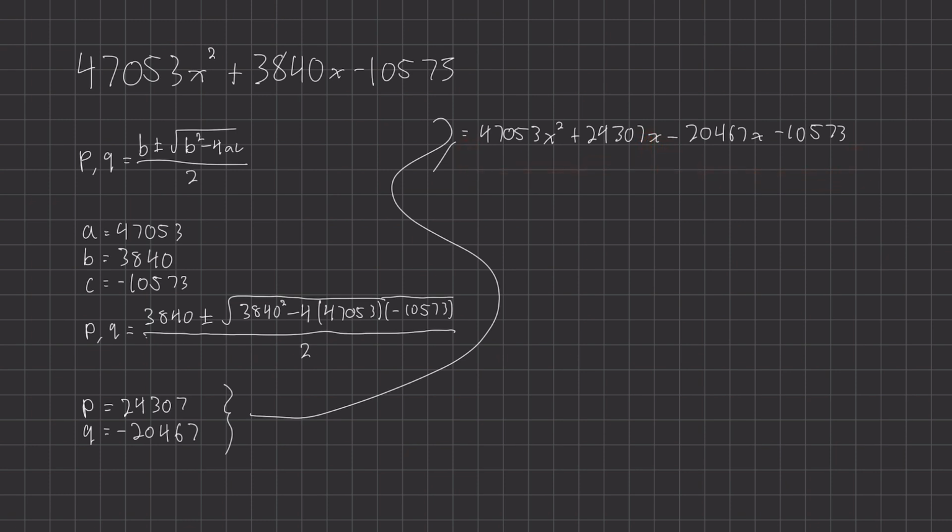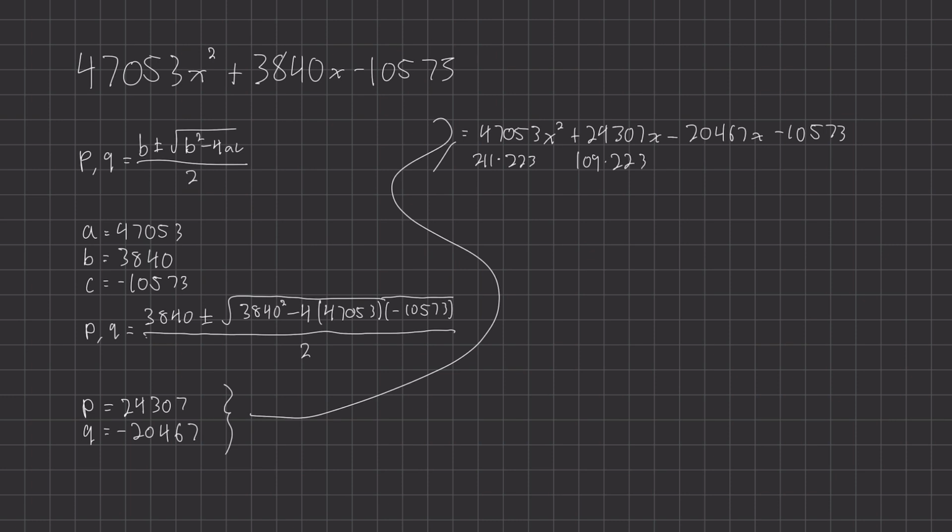How can we do that? We can do that by finding the prime factors of the coefficients. For this one right here, if we prime factorize, you'll notice that we get 211 times 223. And for this one right here, we get 109 times 223.